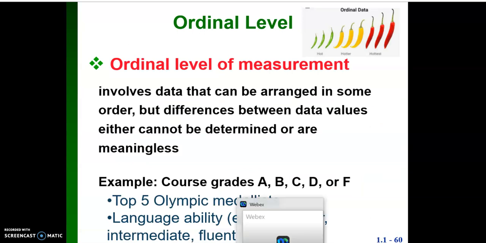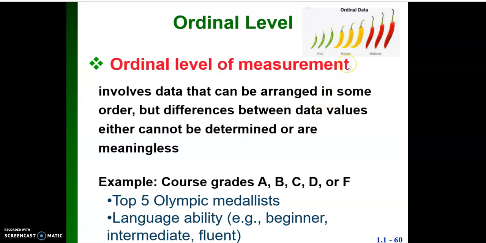The next level of measurement is called ordinal level. When the word ordinal comes, you can see the word order, right? The data can be arranged in some order, but differences between the data cannot be determined or are sometimes meaningless.